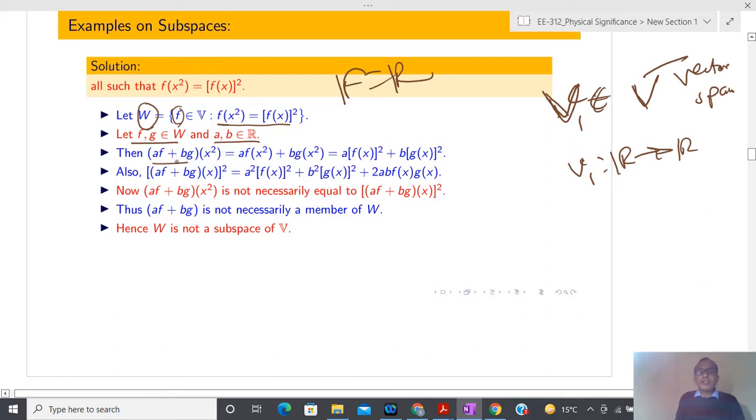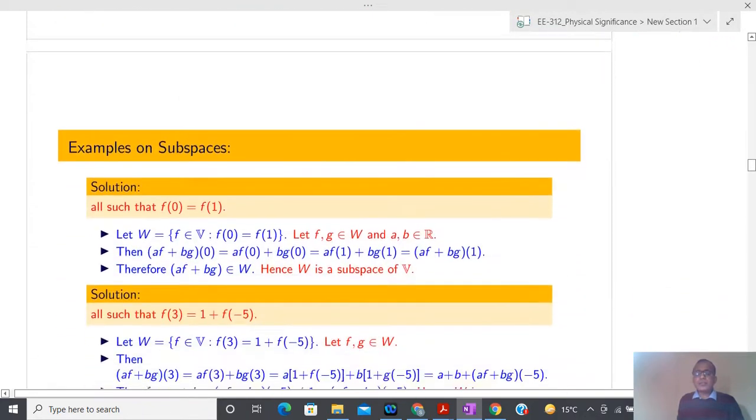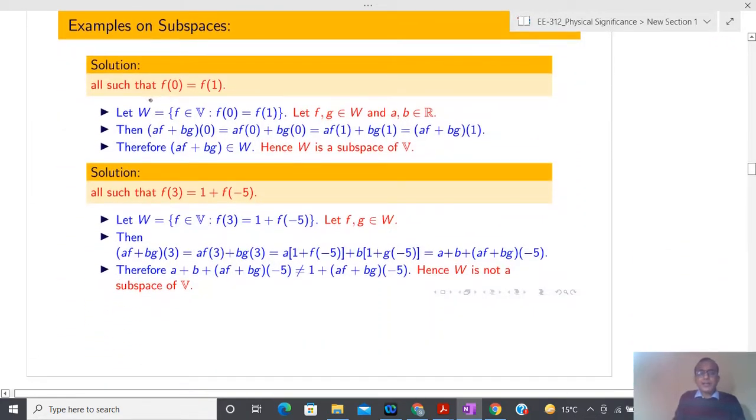Then I open it up and check whether left hand side equals right hand side or not. Any confusion? It is possible to show that it is not satisfied. Due to that reason, if you define it like this, then this will not form a subspace. Now let us come to the second example, where I have changed the operation to f(0) equal to f(1).